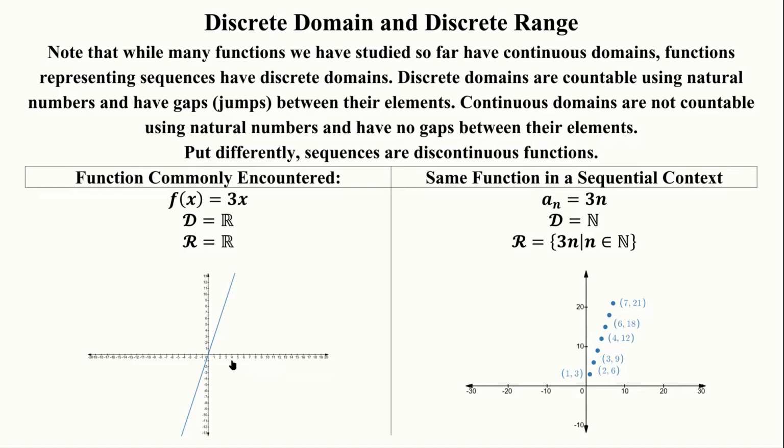Notice that the graphs for functions like f of x equals 3x are continuous, and we can say that the domains are continuous sets of data as well. But not with these. With these, the domain and range are both discrete sets of numbers, so you can see gaps. These are not a continuous connected piece of a graph.